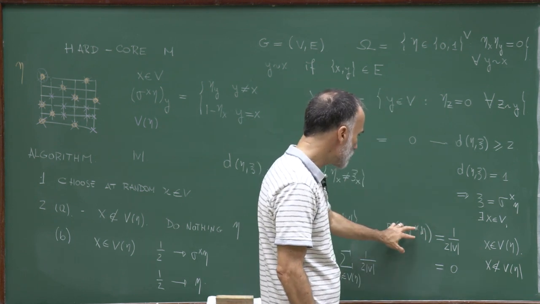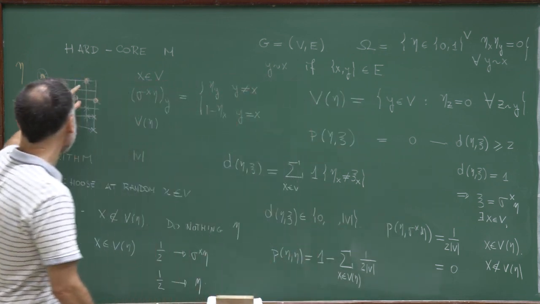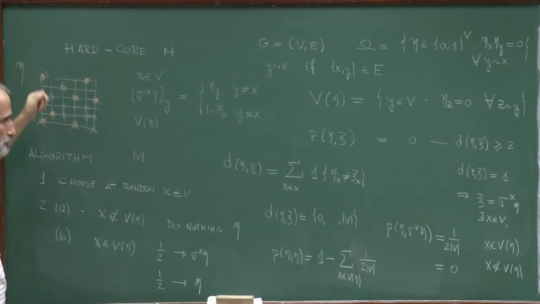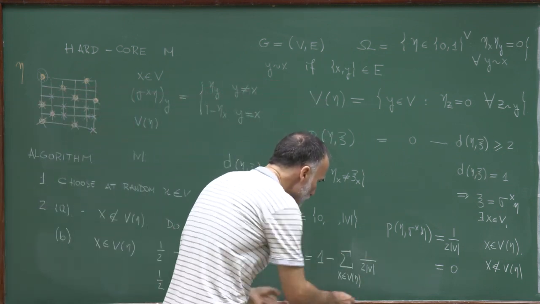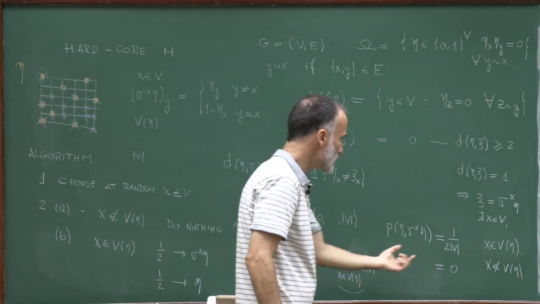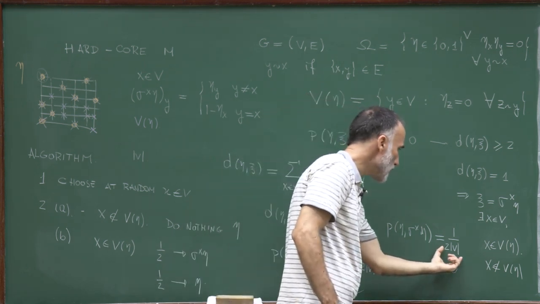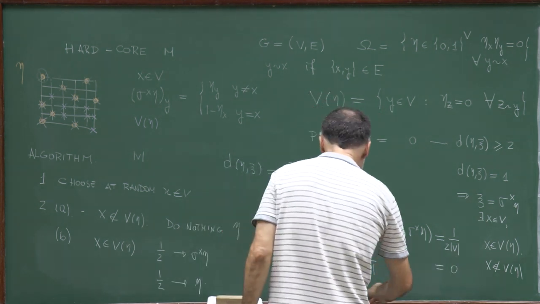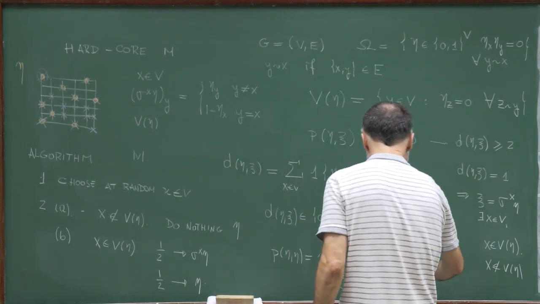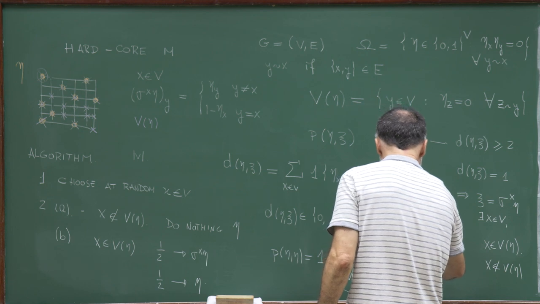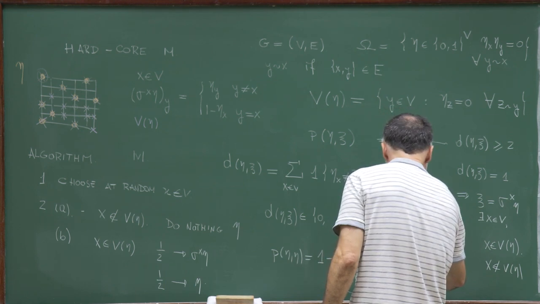These are all configurations in which you flip one of these purple sites, which is what I'm summing here. And what is the probability I have to sum? This is 1 over 2V. So this is equal to 1 minus V of eta divided by 2V.